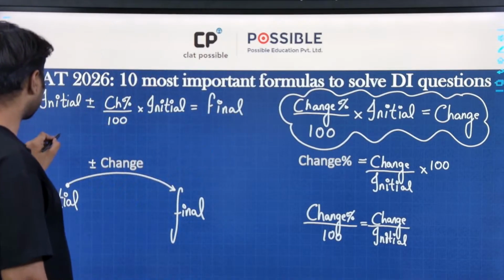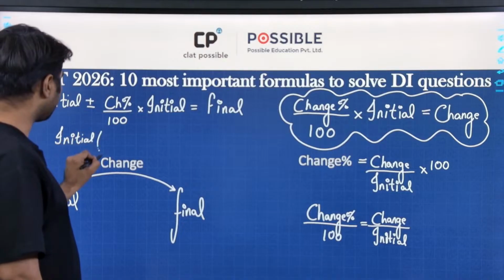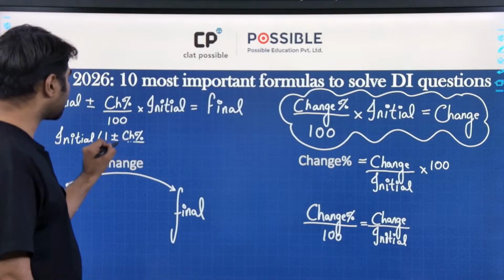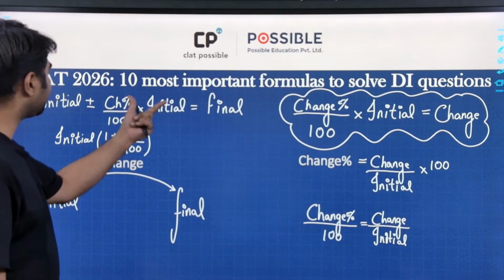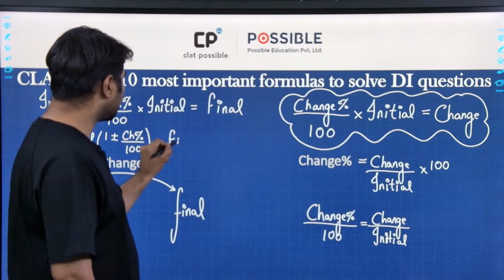If I take initial common from it, I will get 1 plus or minus change percentage upon 100, because I've already taken the initial common from both of these. And this will be equal to the final in terms of amount.